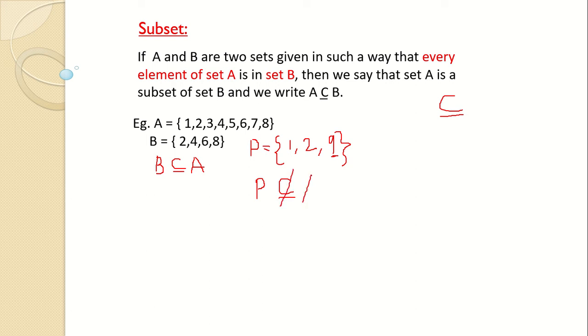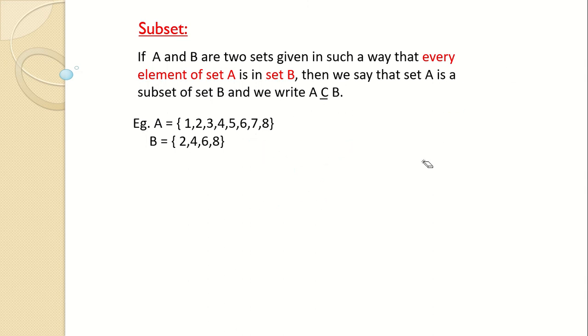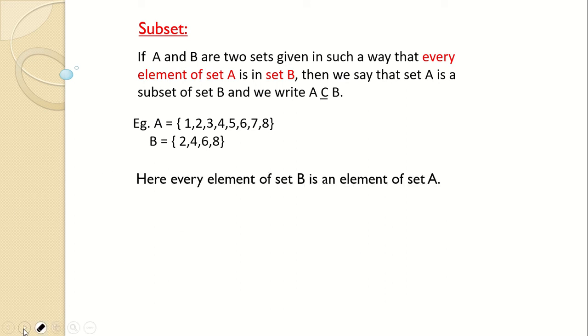P is not a subset of A. I hope it's clear to you, and when we solve more problems on it, we will understand it even better. Here every element of set B is there in A. That's why we say that B is a subset of A.